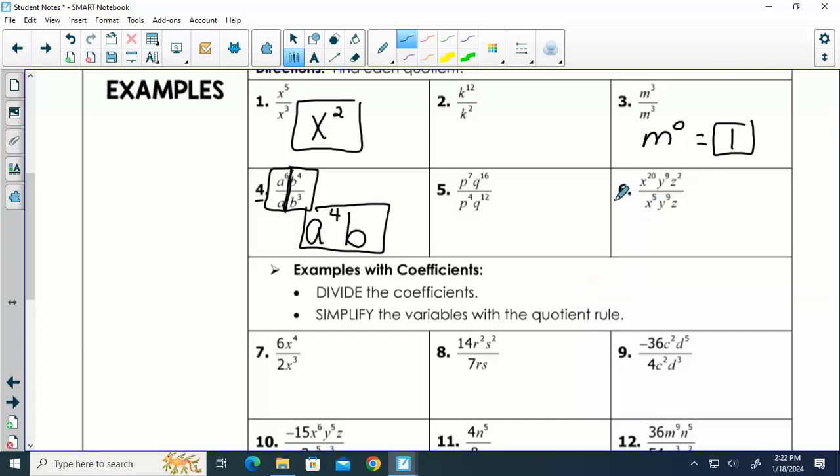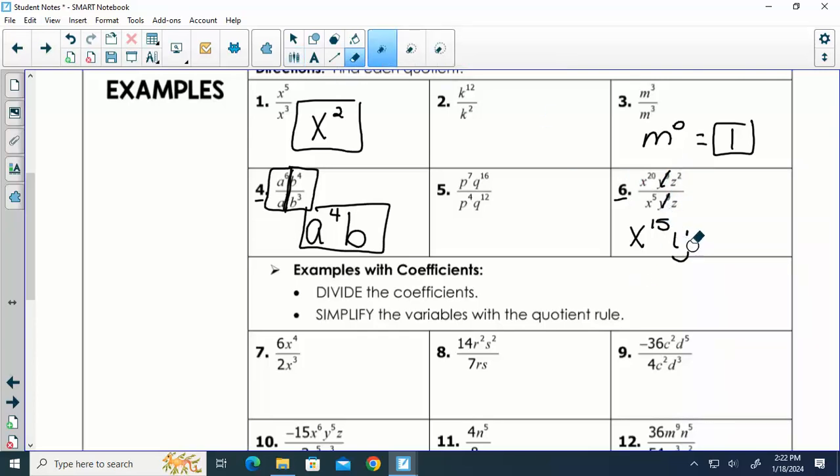What about number 6? Can you guys tell me what that would be? X to the 15. Y. What's going to happen to my y? Yeah, you could also just say if it's the exact same thing, it cancels out.